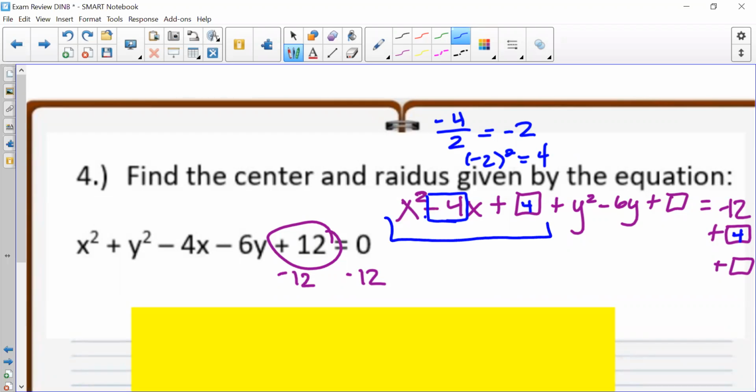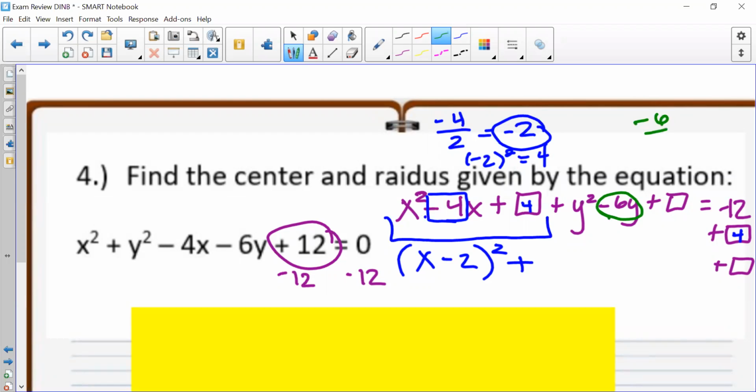And then technically you're factoring this, but remember the number you got when you divided by 2 helps you. So since we're doing x, I'm going to write x minus 2 because I got -2 when I divided, and then it's always squared. There's 2 of them. All right, and then we come down and we do the y's the same way. So for y, we're taking the b value, the number that's in front of just the regular y.